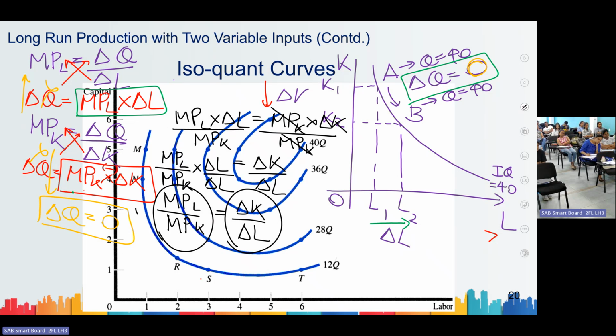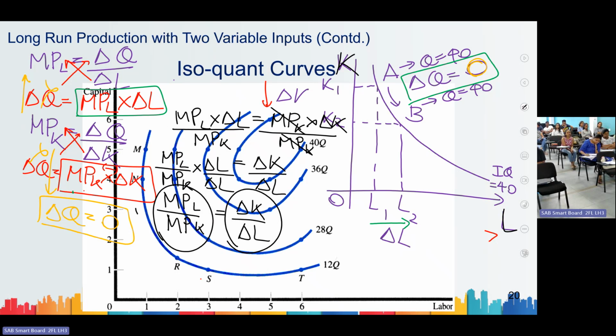These formulas are true only when we put labor on the horizontal axis and capital on the vertical axis. If we change the two inputs, let's say L here and K here, we have to change the notations as well. If we put L here and K here, then it should be delta L over delta K, and this should be MPK over MPL.